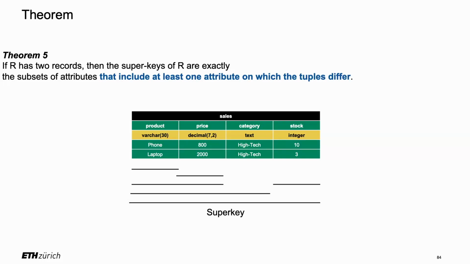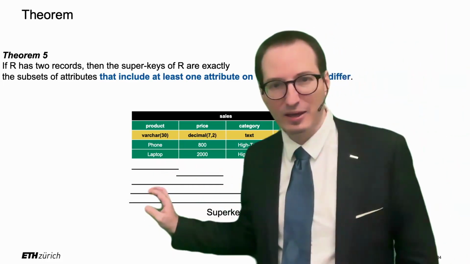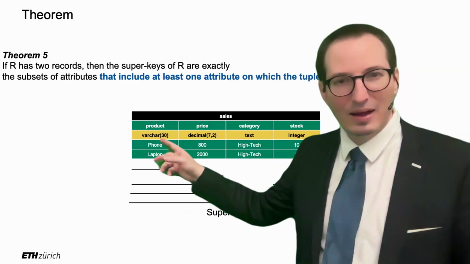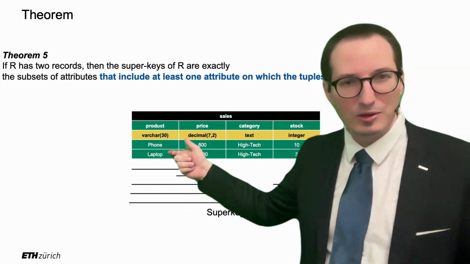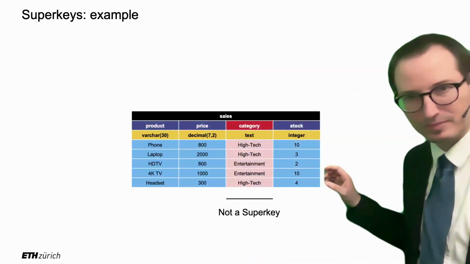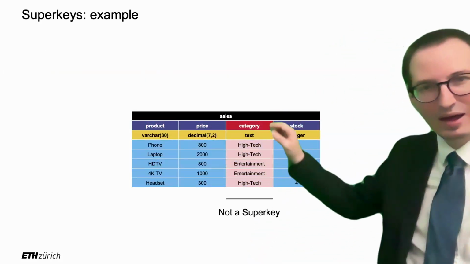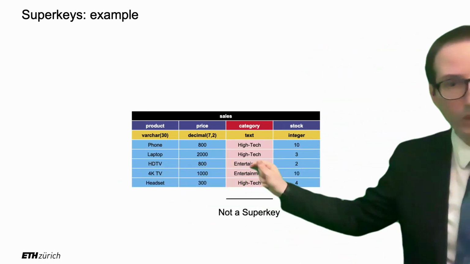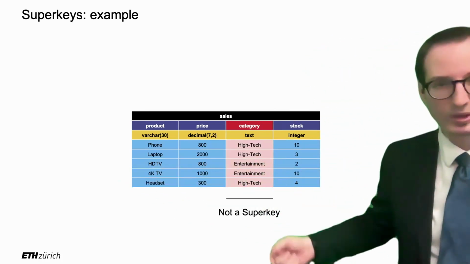When you have a table that is interesting enough, meaning it at least has two records, then the way you locate the super keys is you find attributes such that two tuples will always differ on these attributes, right? So for example, if you take, let's say, phone and laptop, or the product, if you take any two tuples, then they will differ on it, right? If something, however, is not a super key, like that would be the case of entertainment and entertainment, then here you found two tuples that do not differ on the category. So it means category is not a super key.